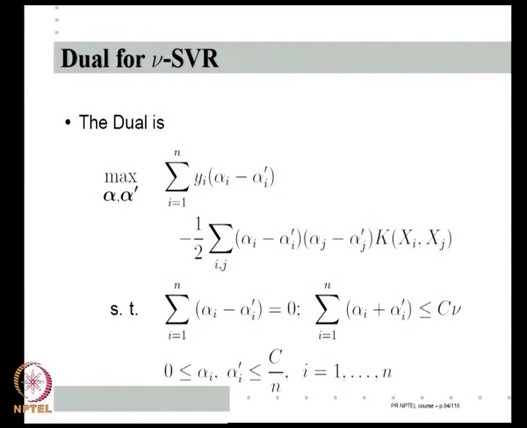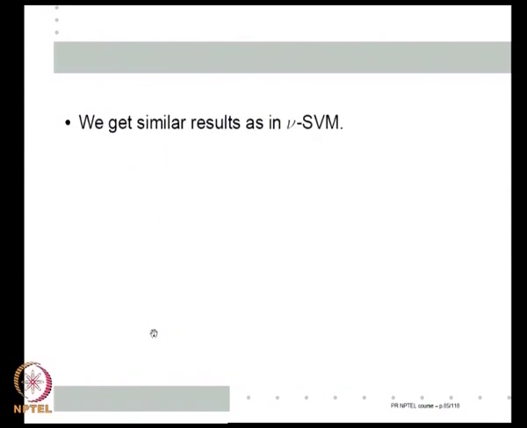The dual for this once again turns out to be quadratic. It has once again a very simple structure, very similar to the old SVR. I won't go into details, but the thing to recognize is that the objective function has one linear term and one quadratic term, and all constraints are linear. So, this is once again a nice optimization problem, and one can show that you get similar results as in nu SVM.